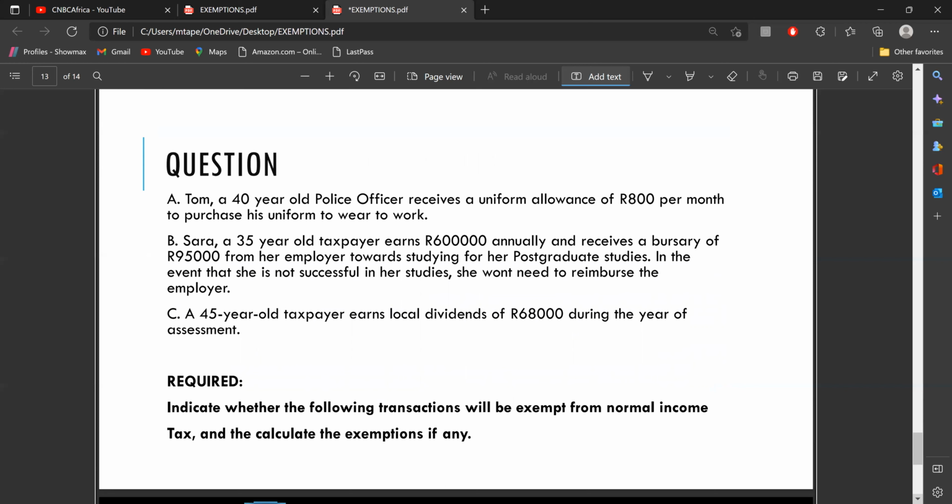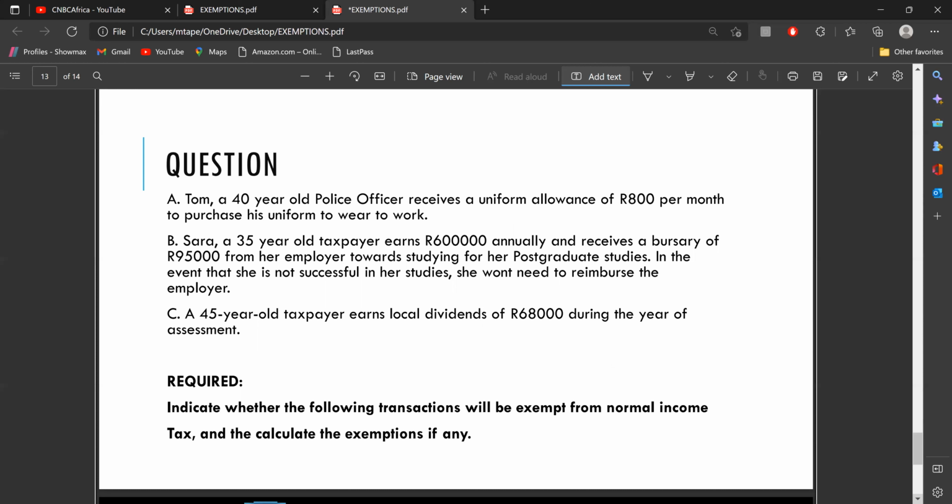Let's take a look at this example, right? Tom, a 40-year-old police officer, receives a uniform allowance of 800 Rand per month to purchase his uniform to wear to work. We also have Sarah, a 35-year-old taxpayer who earns 600,000 Rand annually and has received a bursary of 95,000 Rand from her employer towards her postgraduate studies.